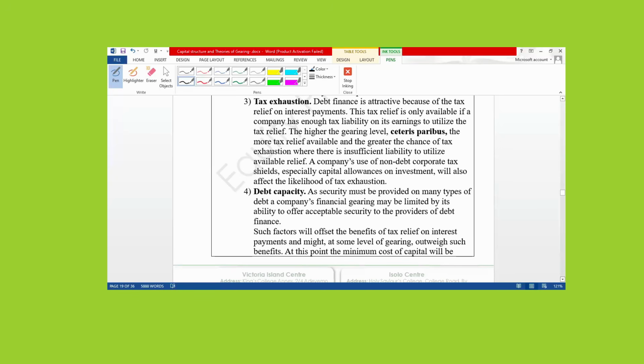Because you require security to obtain debt finance, that limits how much you can borrow when there are no non-current assets that can be used as security. This was ignored by Modigliani and Miller.